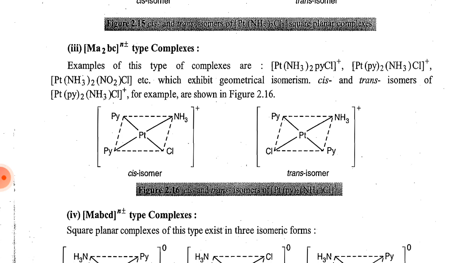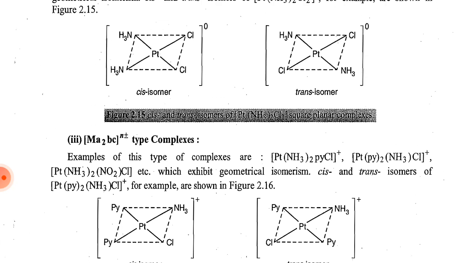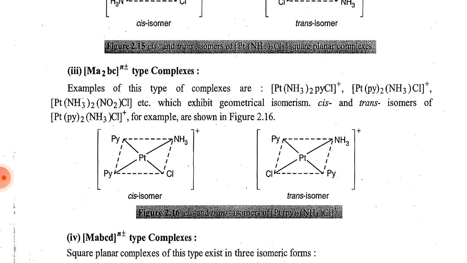Next is the Ma2bc n plus minus type of complex. Examples of this type are [Pt(NH3)2PyCl]+, [Pt(Py)2NH3Cl]+, [Pt(NH3)2NO2Cl], etc., which exhibit geometrical isomerism. Cis and trans isomers of [Pt(Py)2NH3Cl]+, for example, are shown. So Ma2bc complexes show geometrical isomerism because they have cis and trans isomers.